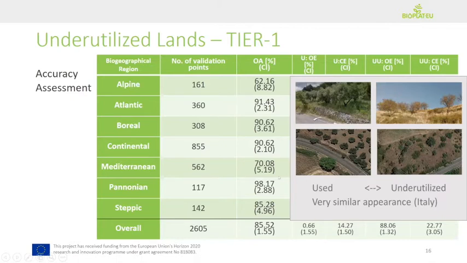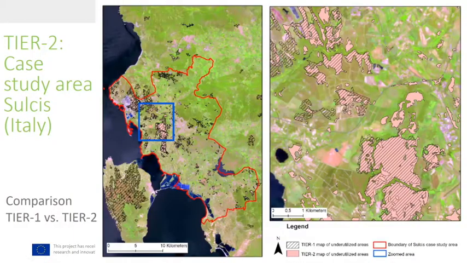Okay, now let's have a look at the map. As I said before, we've had two levels, so tier 1 and tier 2. The pan-European level is more on a rough scale. So we have a bigger minimum mapping unit, so we cannot look into every detail. We cannot identify every small patch, and that's represented by the striped areas here.